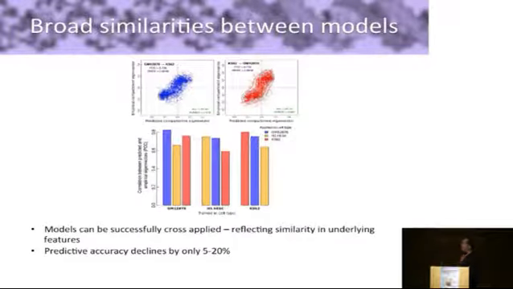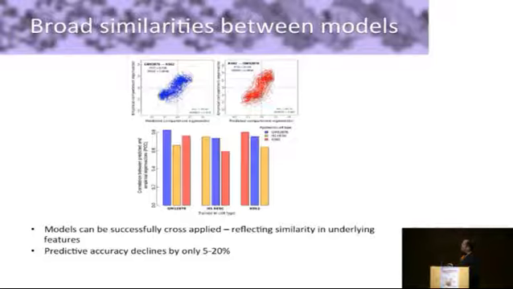One way to compare the models is to try cross-applying them between cell types. So if we train a model in one cell type and it learns the underlying chromatin grammar of eigenvector higher order structure in that cell type, how well does it predict the higher order structure of another cell type? And the answer is pretty well.